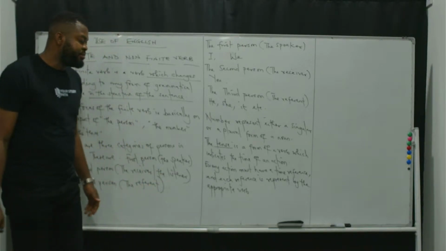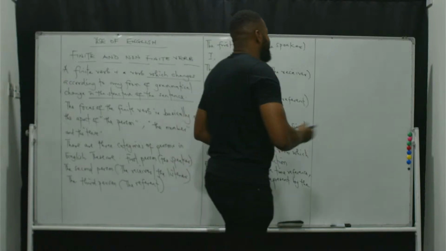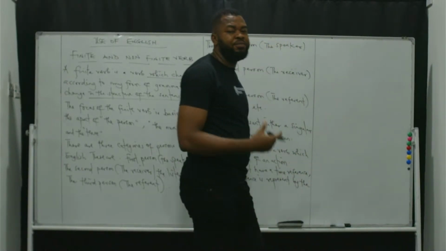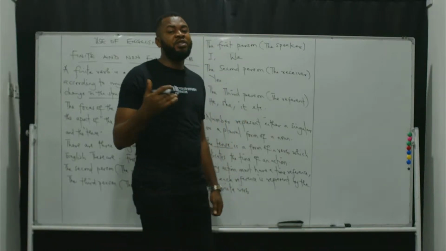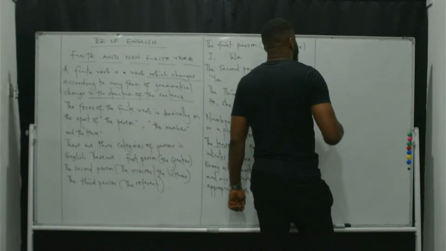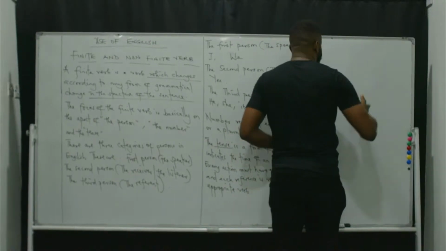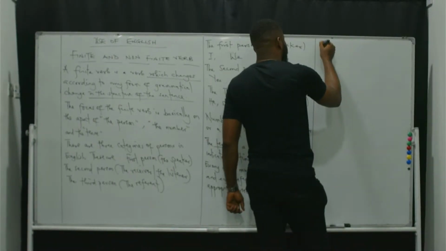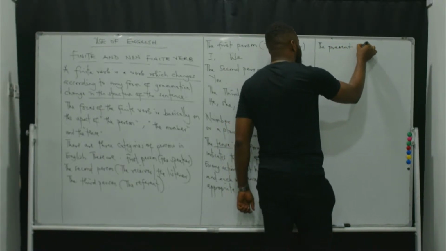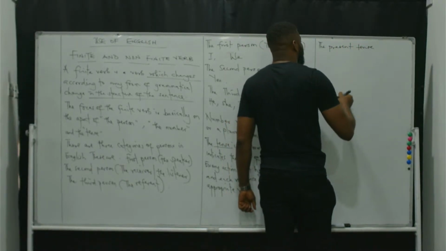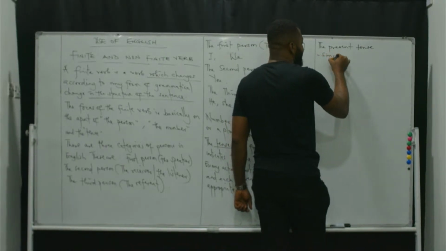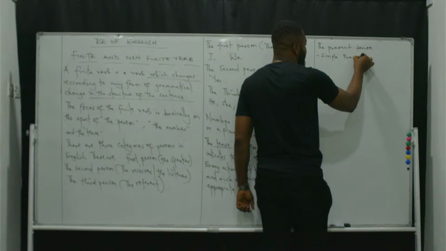Now, tenses are basically divided into three. And from these three, we now have subdivisions too. Okay, we now have subdivisions. So now, in this case, we have the present tense, okay, which will now be divided into the aspects of simple present, okay.